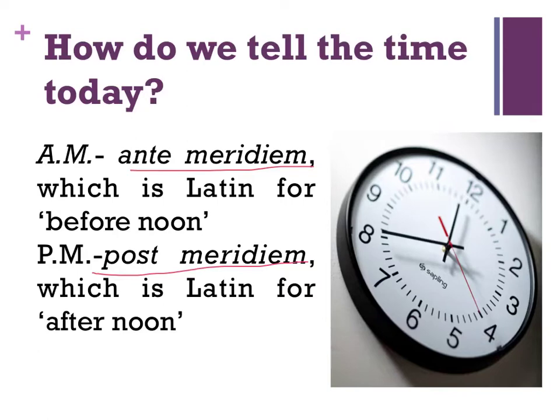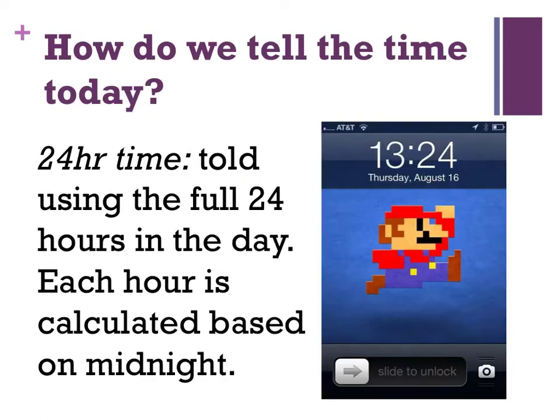There is one other way in which we tell time today, and that is 24-hour time. 24-hour time is told using the full 24 hours in the day. That's why it's called 24-hour time. Each hour is calculated based on midnight. A lot of you with your phones would be used to seeing 24-hour time. A lot of our digital devices tell the time in 24-hour time.